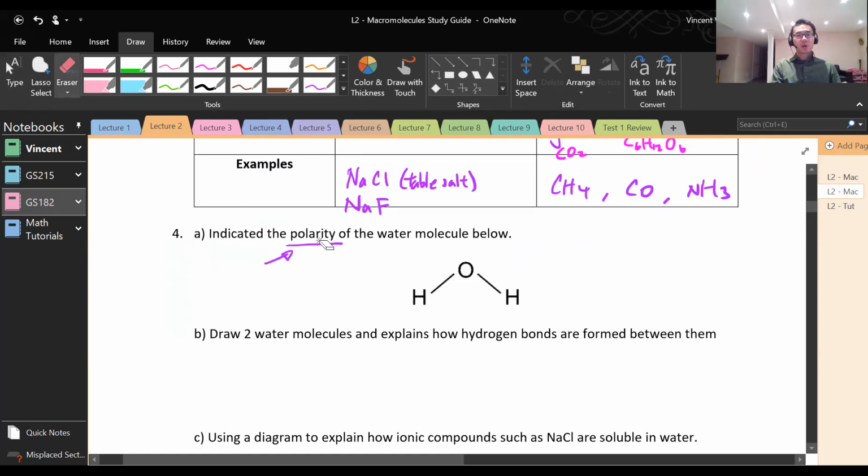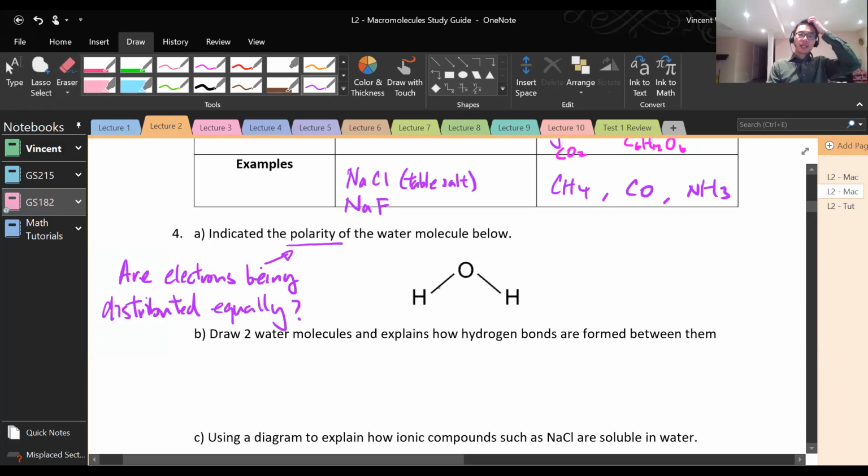So the basic question you're trying to answer here about polarity is, are electrons being distributed equally within the molecule?